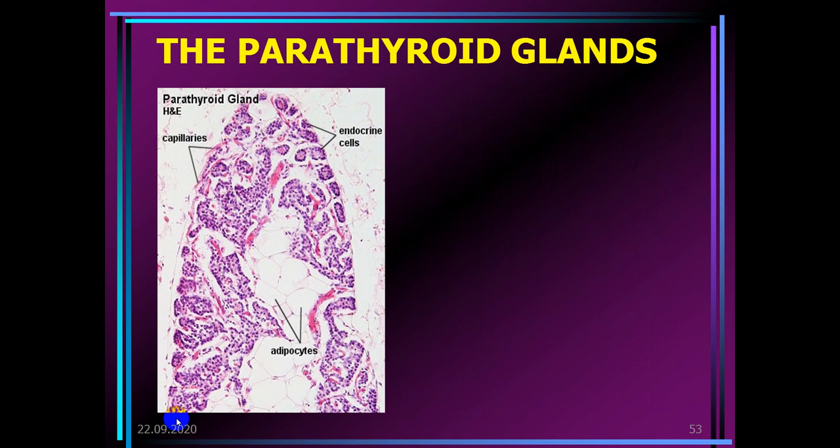If calcitonin decreases the concentration of calcium ions and increases the mineralization of the bones, this hormone, parat hormone, increases the concentration of calcium ions in the serum of the blood, and that's why it decreases the mineralization of the bones.